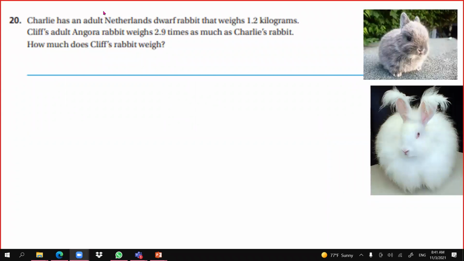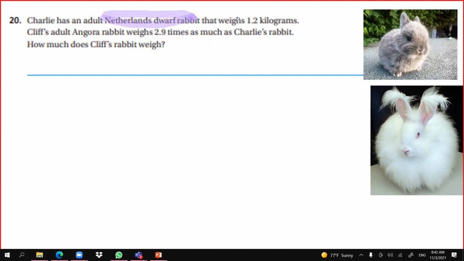Now, Charlie has an adult Netherlands dwarf rabbit, as you see in this picture here. I put pictures for you in order to understand. Now, he has a rabbit. Its type, sorry, is a Netherlands dwarf rabbit.